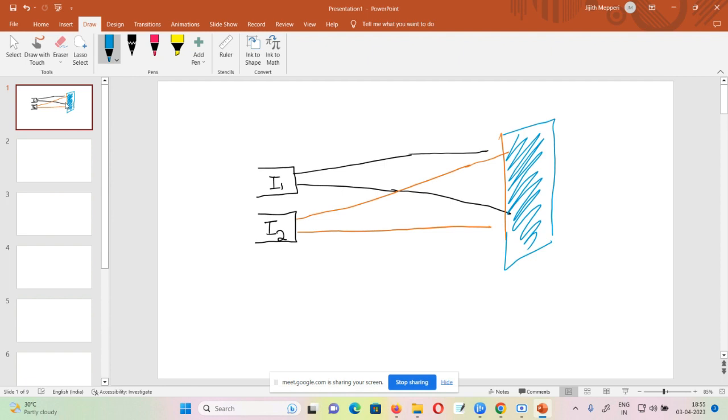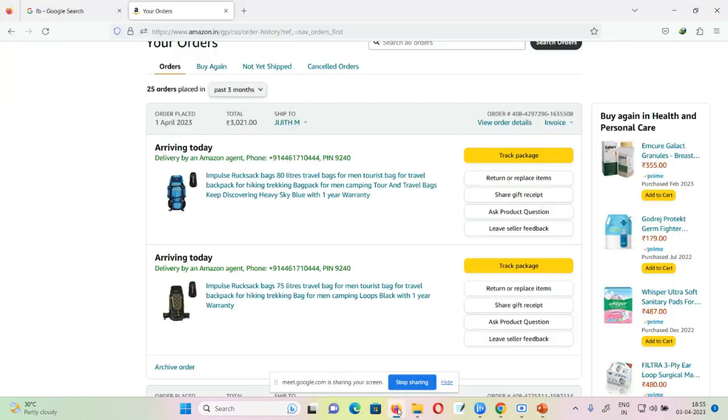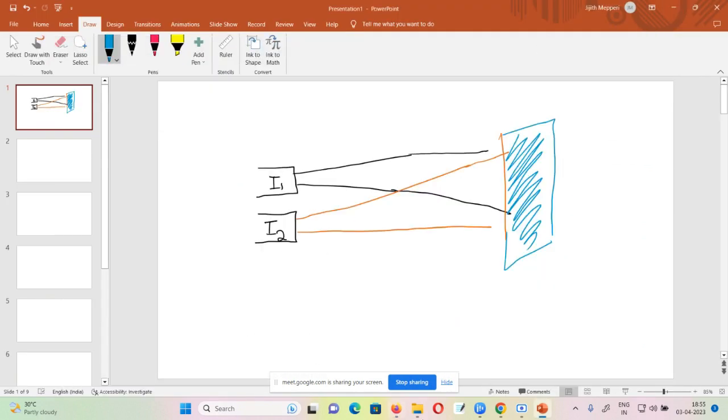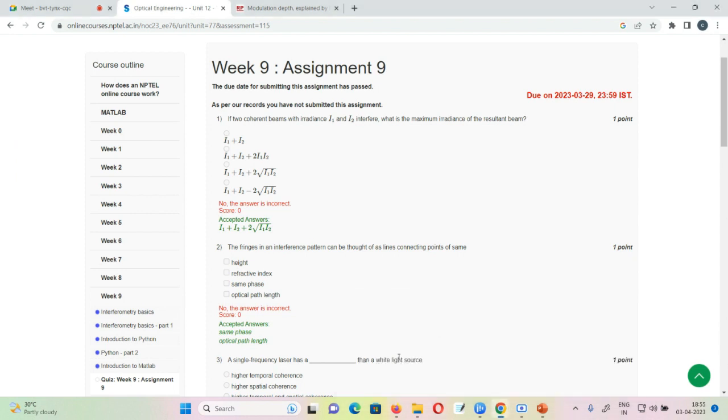You can tell if you have an idea about whether intensities can interfere or not. Whether intensities can interfere? What do you think? Sir, they can interfere.